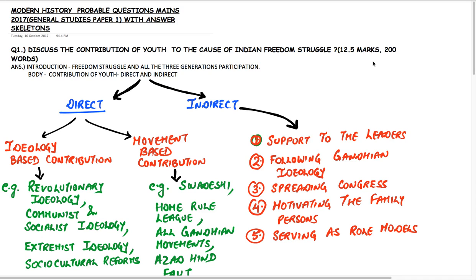And lastly, the most crucial aspect is that the questions from this section are not coming straight from the books. Instead, the questions are thought based. UPSC is checking, in fact, the thought process of the aspirants, whether the aspirants are able to link the incidents in the Indian freedom struggle or not, whether the aspirants have concluded about the Indian freedom struggle or not, whether they have conceptually read the Indian freedom struggle or they have memorized it.